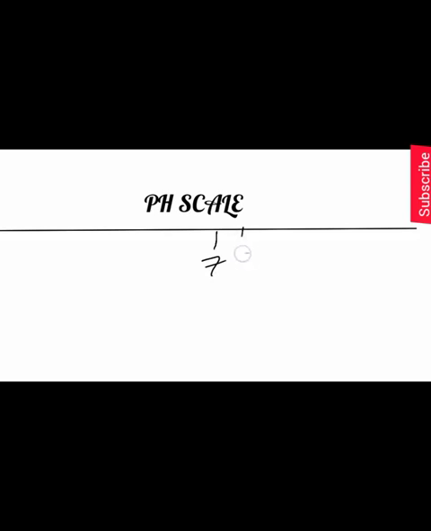Then here is 8, here is 9, here is 10, here 11, here 12, and here 13, here is 14. Then we have here 6, 5, 4, 3, 2, 1.